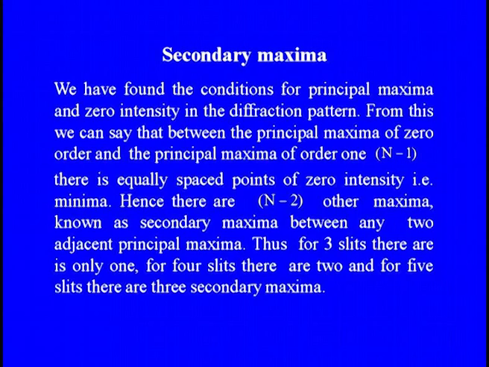Hence, there are N minus 2 other maxima, known as secondary maxima, between any two adjacent principal maxima. Thus, for 3 slits there is only 1, for 4 slits there are 2, and for 5 slits there are 3 secondary maxima.